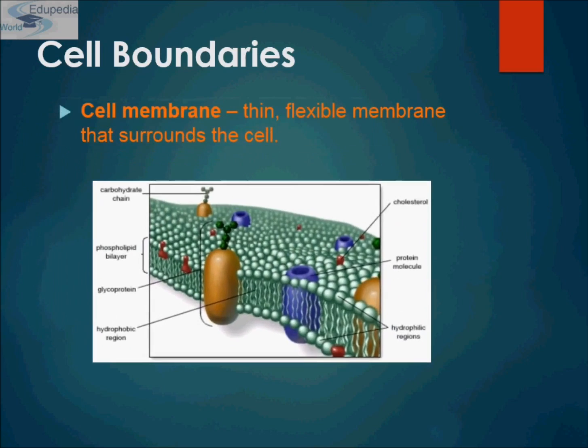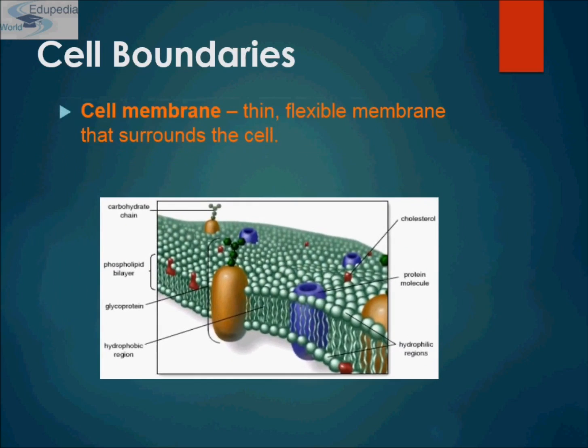Cell membrane is a very thin flexible membrane that surrounds the cell. It is made up of two layers of phospholipid which is intervened with cholesterol and proteins. See, this is the typical diagrammatic representation of plasma membrane.